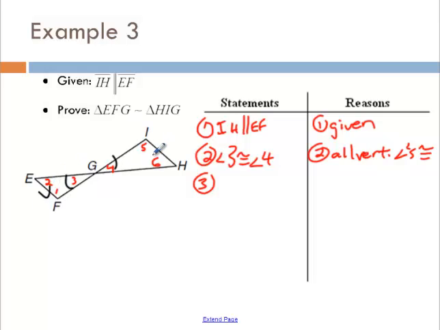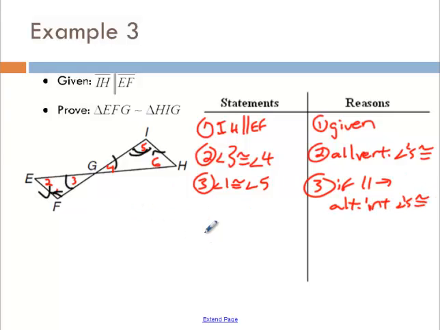Because these sides are parallel, I know that I have alternate interior angles. I can use either 1 and 5 or 2 and 6. I'm going to use 1 and 5 as my pair of congruent angles. Angle 1 is congruent to angle 5, and that's because if parallel, then alternate interior angles are congruent.